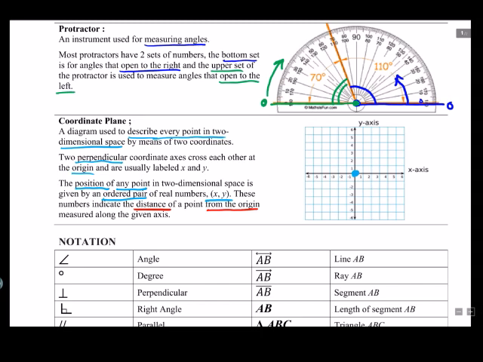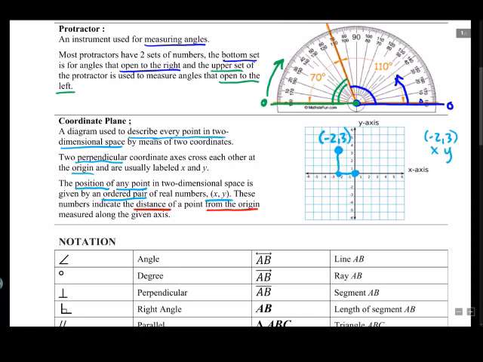So if we were looking at point (-2, 3), that's our x coordinate and our y coordinate, and I always remember those because they're alphabetic, we would move -2 on our x-axis to get there, and then we would move +3 on our y-axis. So this would be the point (-2, 3).